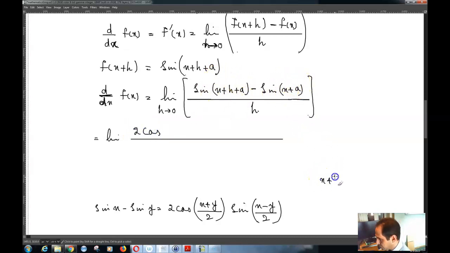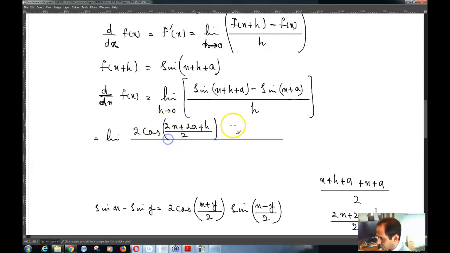So x plus h plus a plus x plus a, all divided by 2, which is 2x plus 2a plus h divided by 2, times the sine of x minus y divided by 2, which is x plus h plus a minus x minus a, divided by 2.